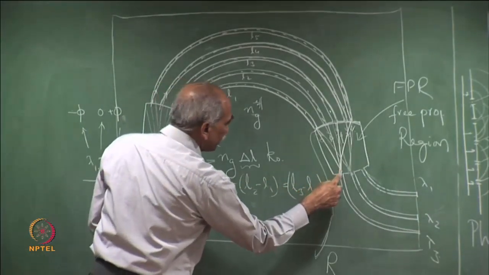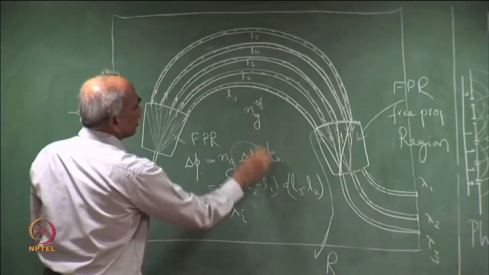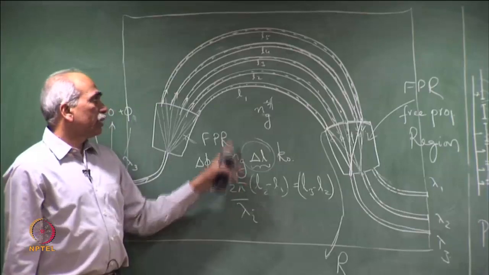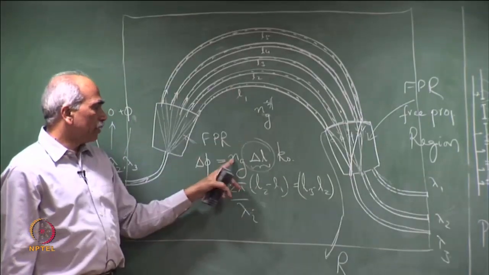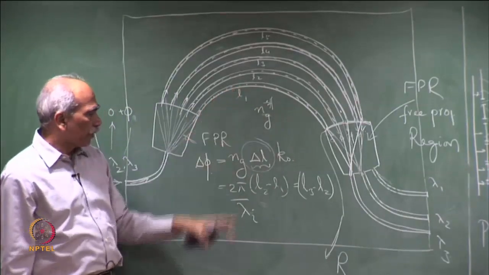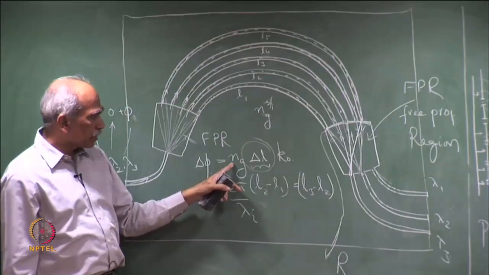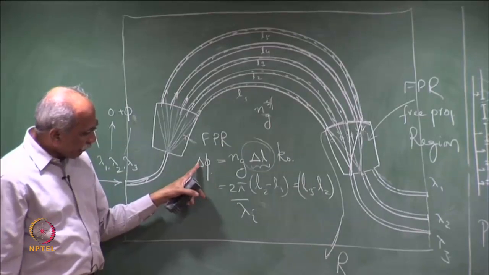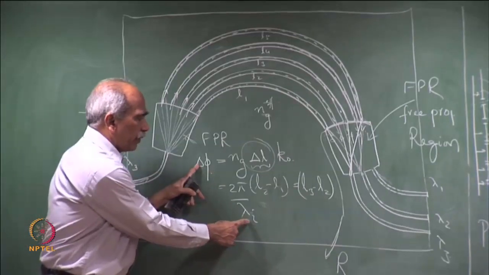So, that is determined by delta L, because Ng is determined by the dimensions of the waveguide, the refractive index and the width of the waveguide, the mode effective index, and k naught contains the wavelength. Therefore, delta phi is different for different wavelengths.